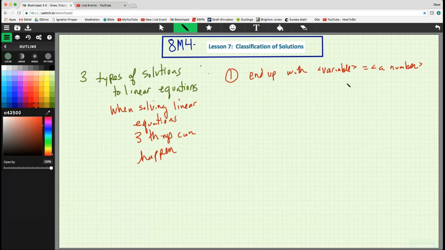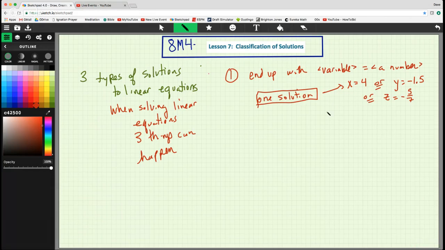That's like x equals 4 or y equals negative 1.5 or z equals negative 5/7. In this case, I have one solution. That's case 1. I have one solution, and my solution is x is 4.